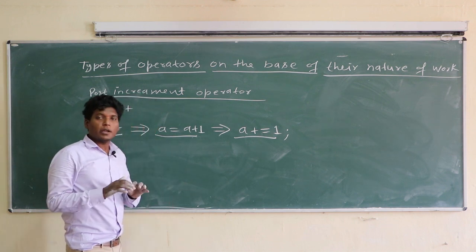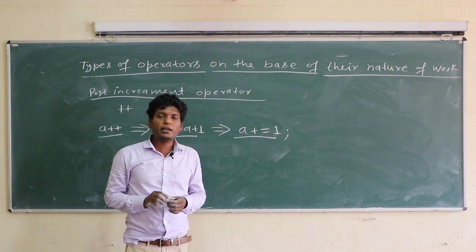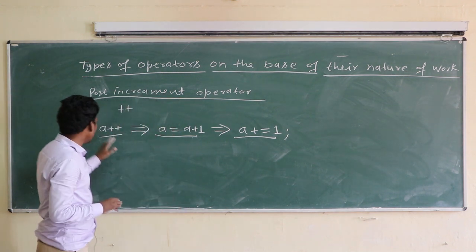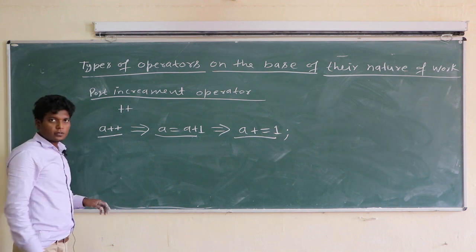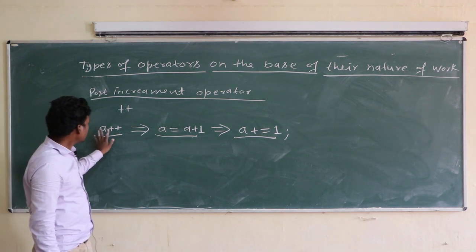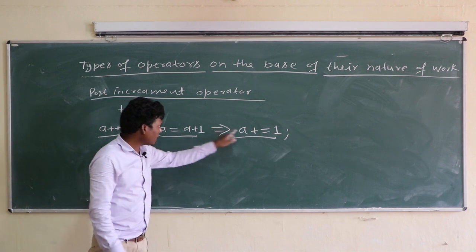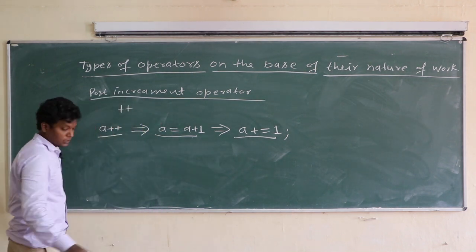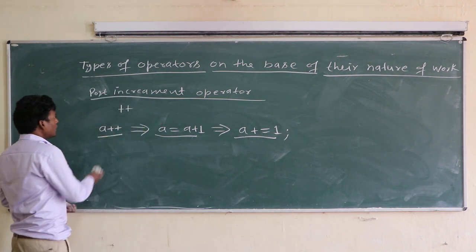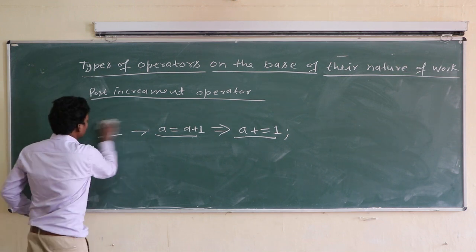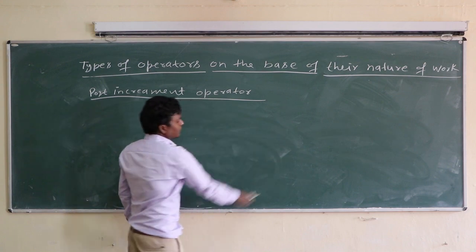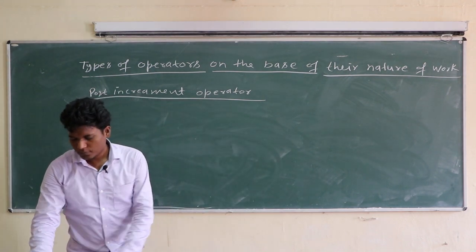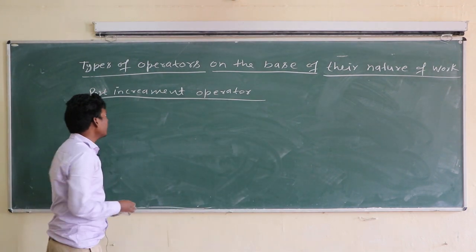When you have to differentiate between them, you have to follow plus plus a and a plus plus. Otherwise they are the same. Post-increment also falls under the first category, arithmetic operation.